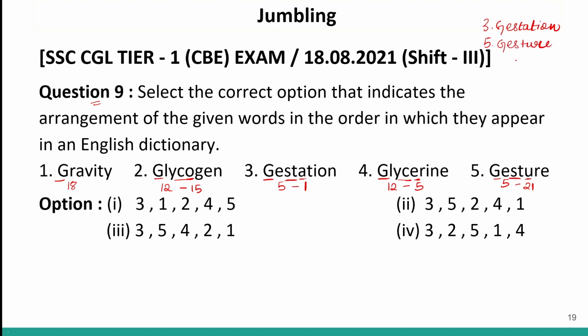Then the third word will be glycerine. After that, we'll get glycogen. And after this, we'll get gravity. So the correct logical sequence is 3, 5, 4, 2, 1, and 3, 5, 4, 2, 1 is given in option number 3. So option number 3 will be your correct answer.